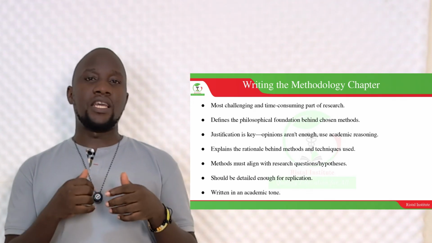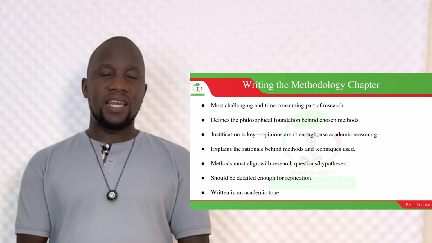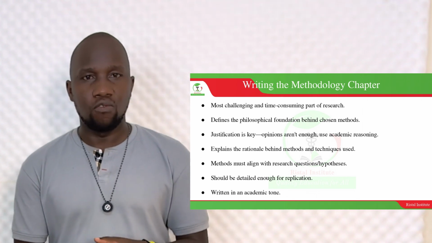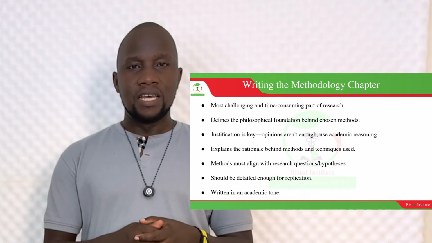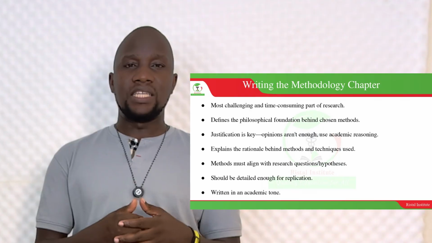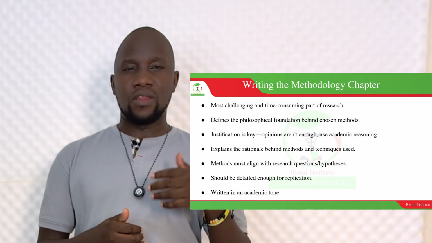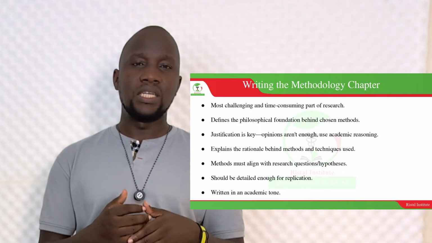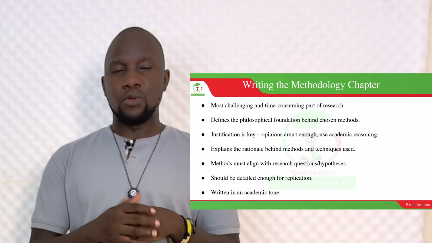And then the last point here is that you use an academic tone. An academic tone. This is part of what we call academic writing, and academic writing has its norms. We shall look at the different ones: do you use an active voice? Do you use a passive tone? What do we have to use?